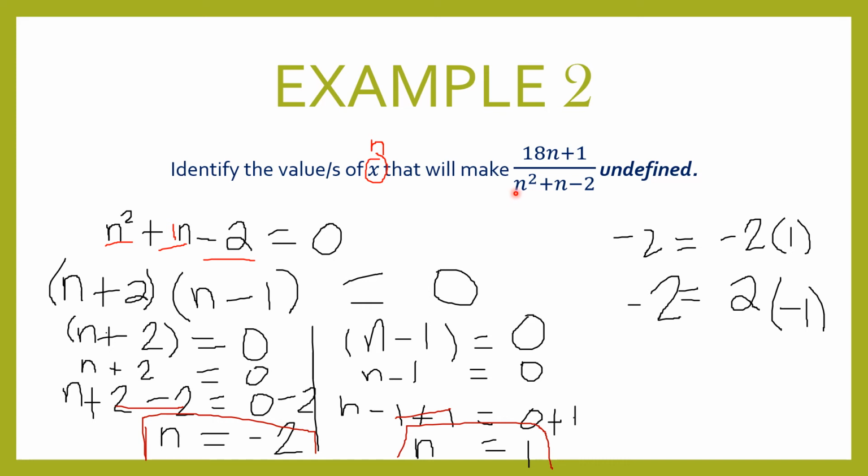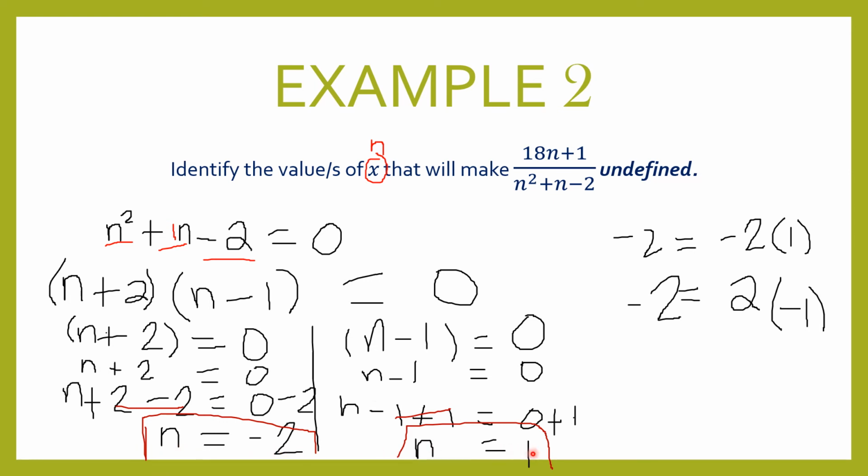That is -2 times -2, that is +4. So, +4 plus, ano ulit yung n? -2. +4 plus -2, that is 2. Then minus 2, that is 0. So, correct. Yung n is equal to -2.